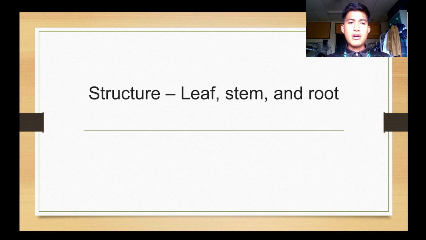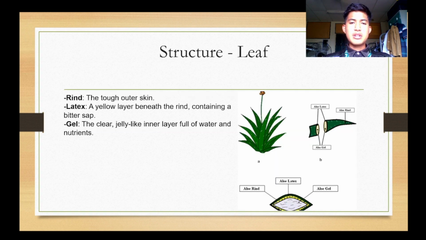So continuing on, we have the structure of aloe vera. We're going to begin with the leaf. The leaf is split into three parts: the outside layer, which is the rind, the middle part, which is the latex, and inside, the third layer, which is the gel.